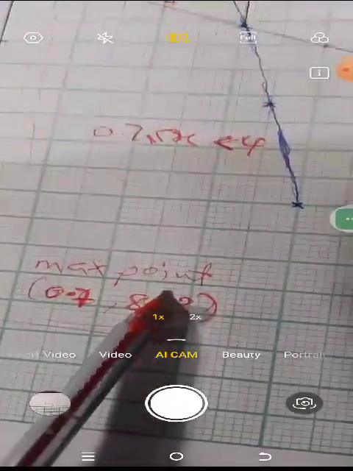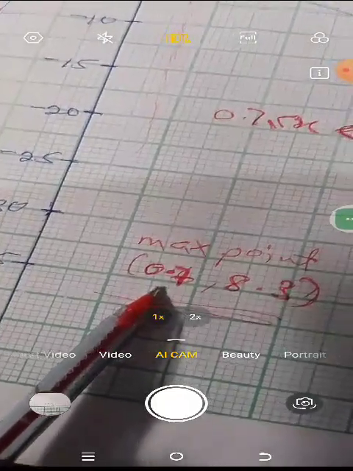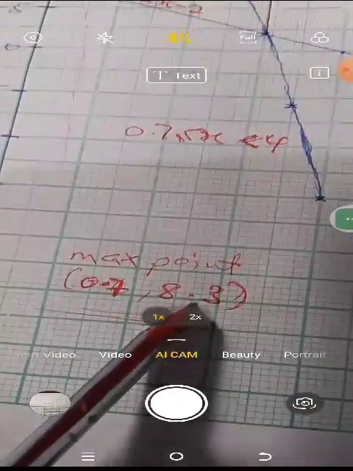In this case, our 0.7 is our x, and y is equal to 8.3, which is our maximum value. That's why we get the maximum point.